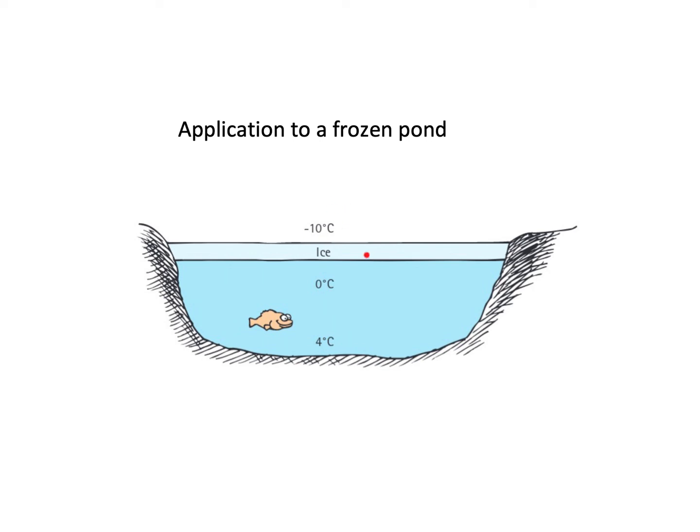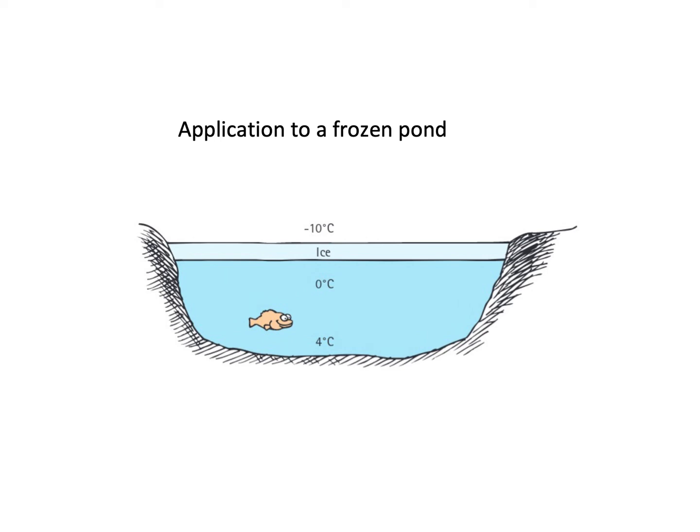And so what's going to happen to the water? Well, in a normal liquid, the solid state would be more dense than the liquid state. And so as it solidified, the solid parts would sink down and it would freeze from the bottom up. And the whole shebang would freeze.